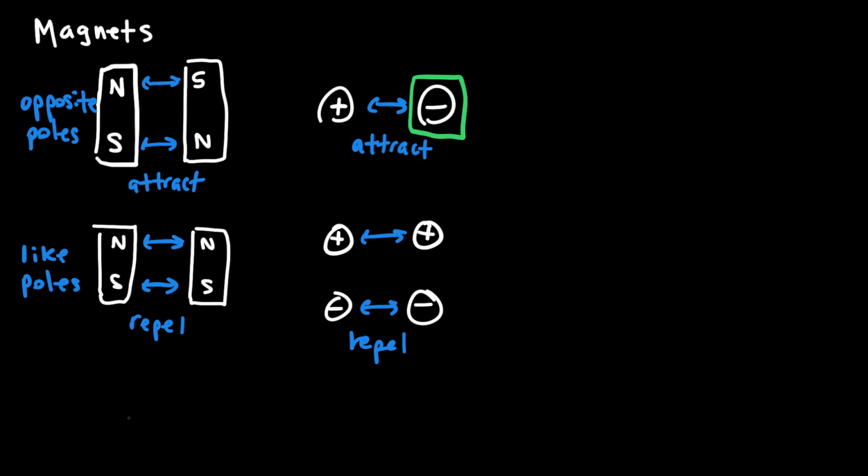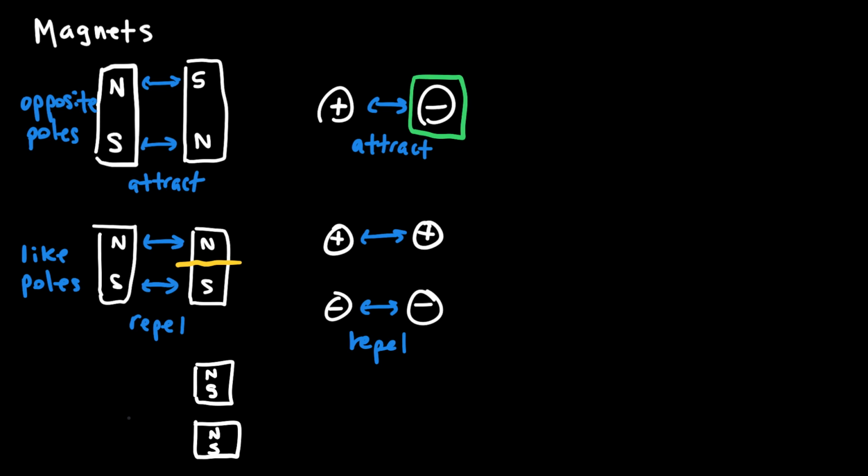But if you try to do the same thing with a bar magnet, for example, if I were to cut the bar magnet in half, then what you will find is that the top piece will have a north and a south pole, and the bottom piece will also have a north and a south pole.